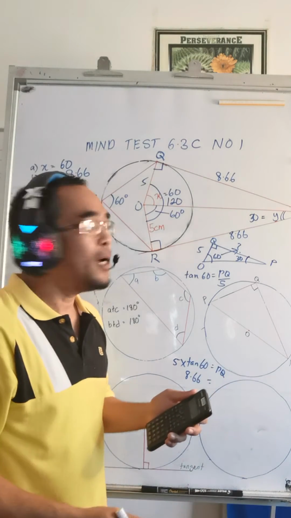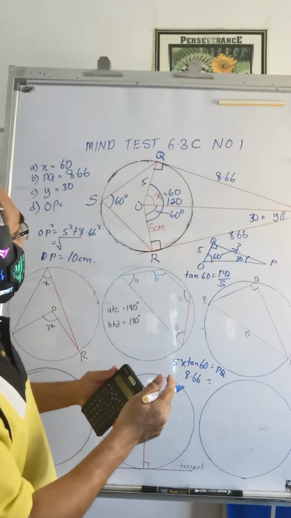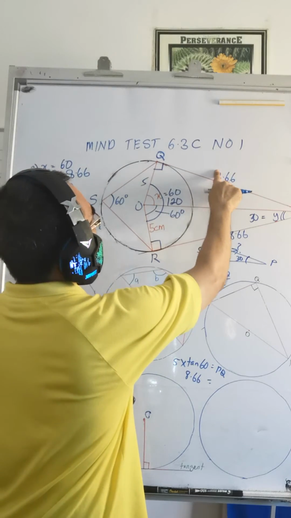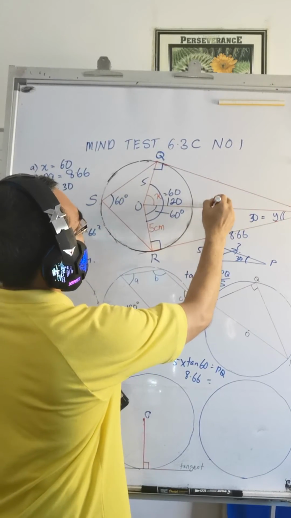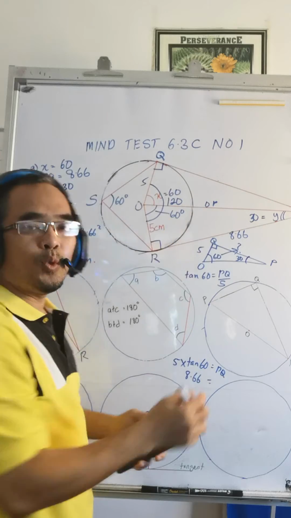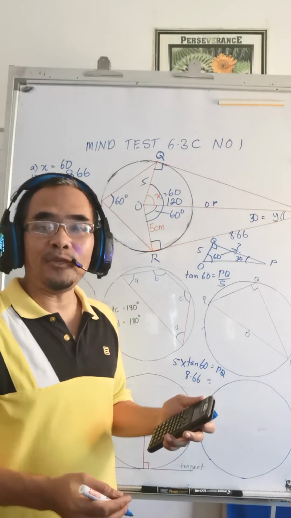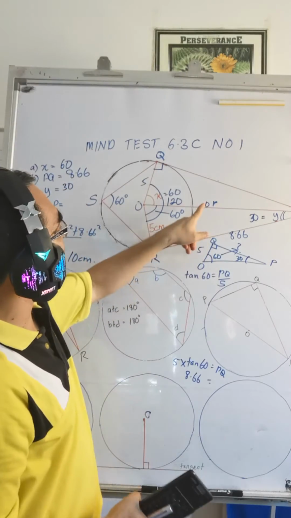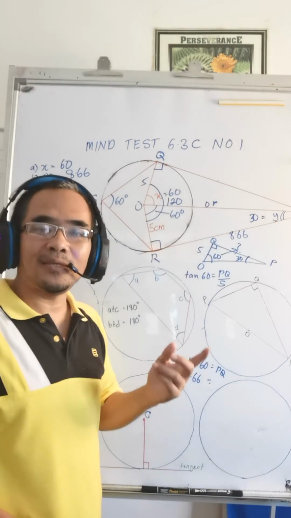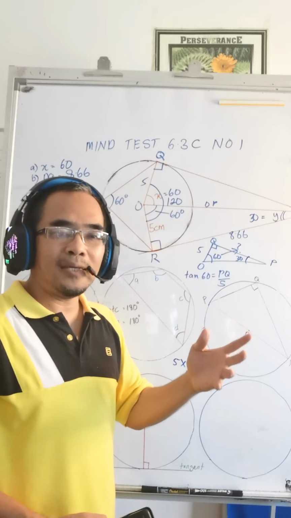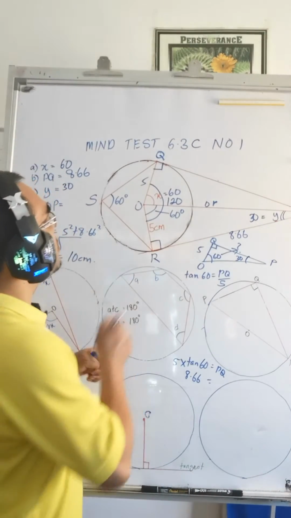But can we use trigonometry? Yes, and I'm not going to use 8.66. Let's say this is OP, and we want to relate it to the angle of 60 degrees. Now I'm not going to use tangent, because OP is the hypotenuse and 5 is adjacent. What is the relation between hypotenuse and adjacent? That will be cos.